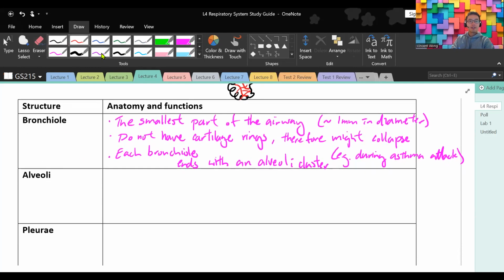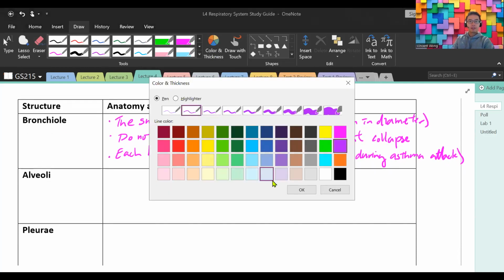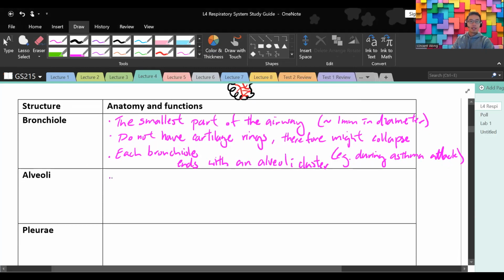Okay, next we have the alveoli themselves. The alveoli are the site of gas exchange. Okay. They are surrounded by capillaries.